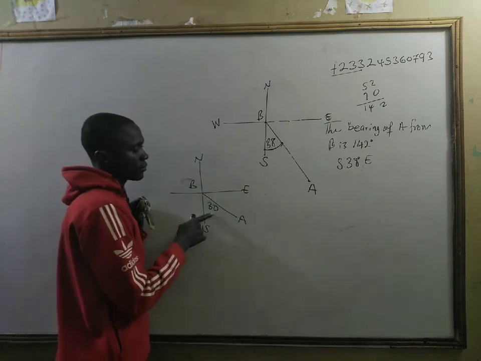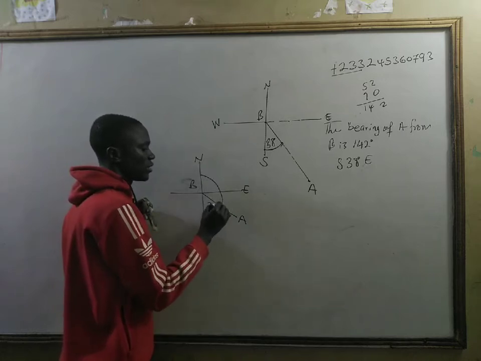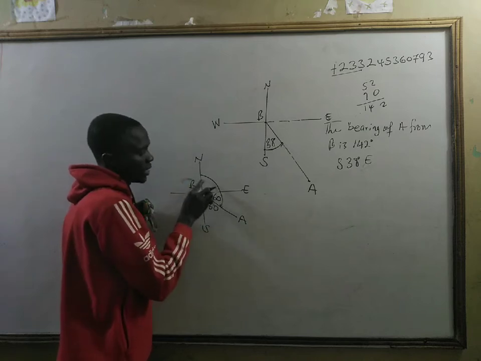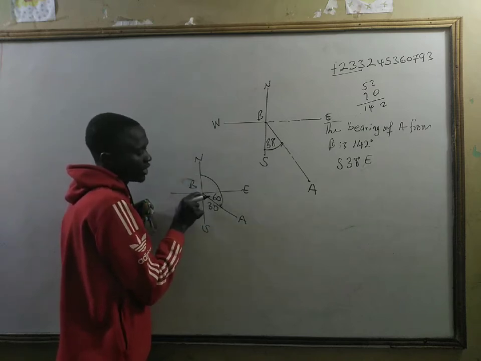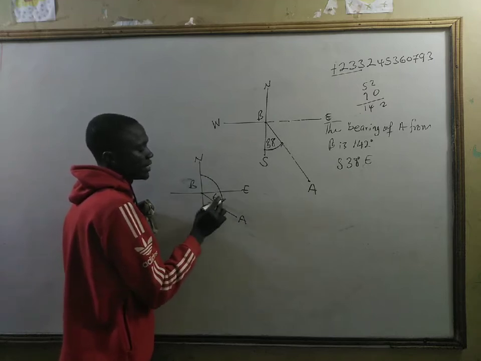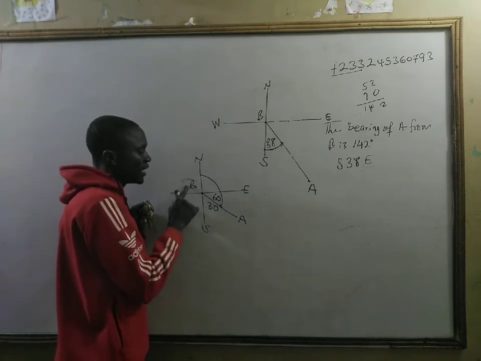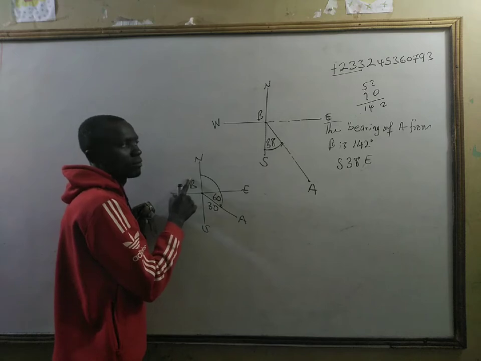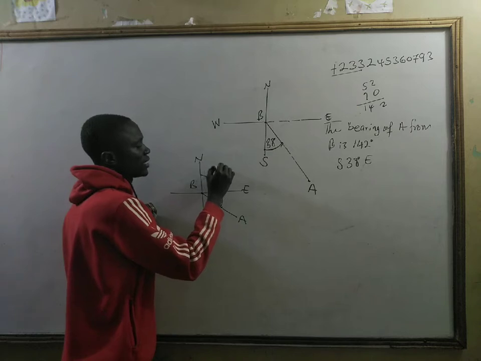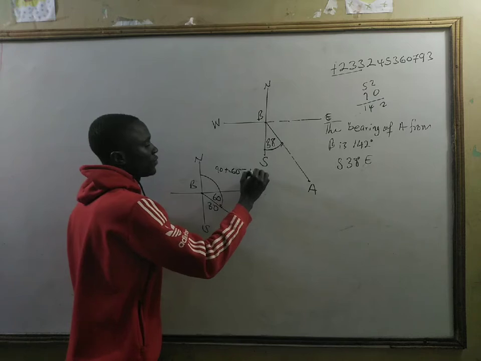In terms of three-figure bearing, I need from here to here. So I have to take 30 from 90 to get this angle to be 60. So from the geographical north of point B to the line will be 90 plus 60, and that will give me 150. So here the bearing of A from B in terms of three-figure bearing is 150.